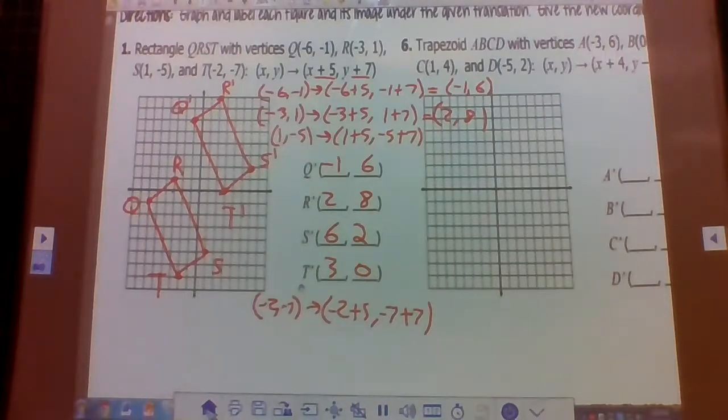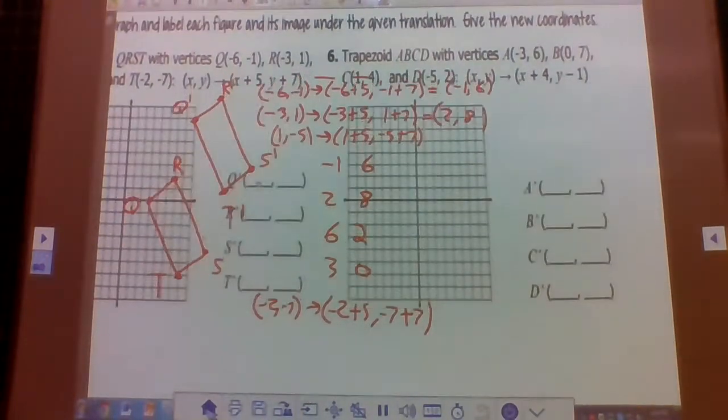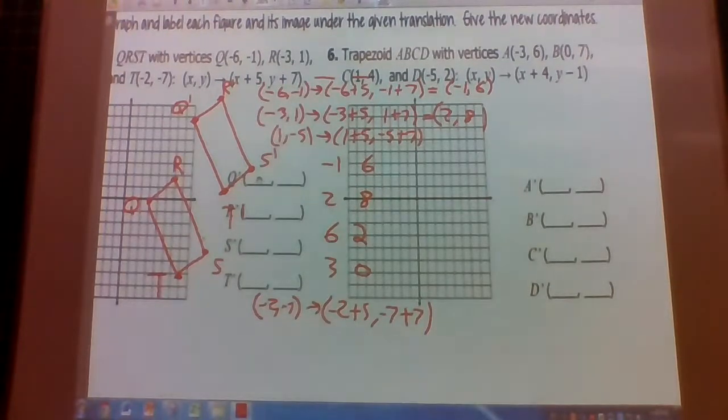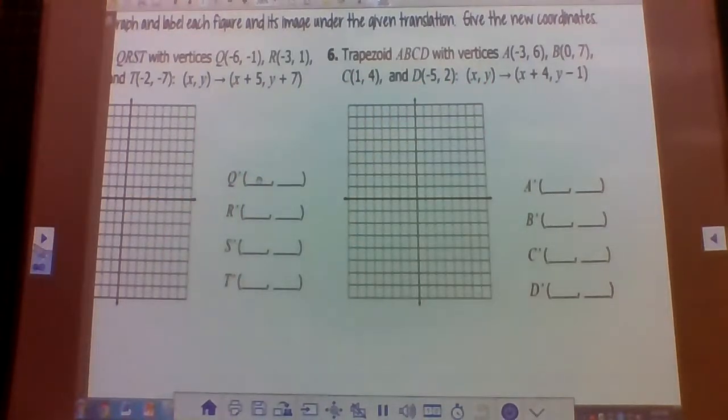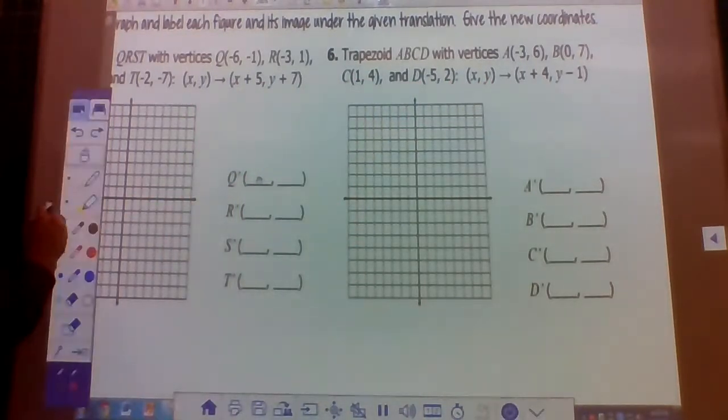Let's look at number 6 then, which is the next one, the second problem. We have a trapezoid A, B, C, D. Okay, so let's use a different color on this one.